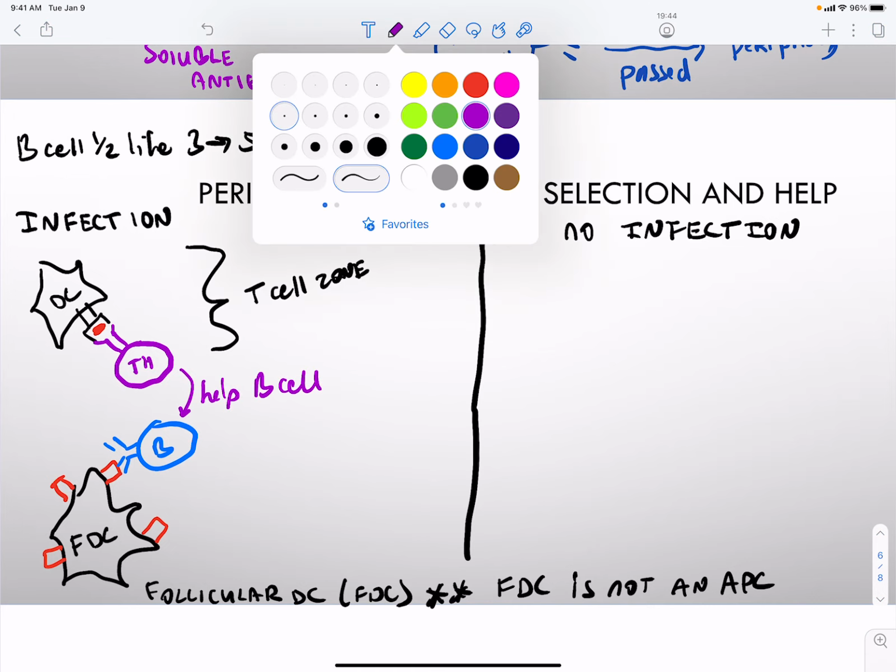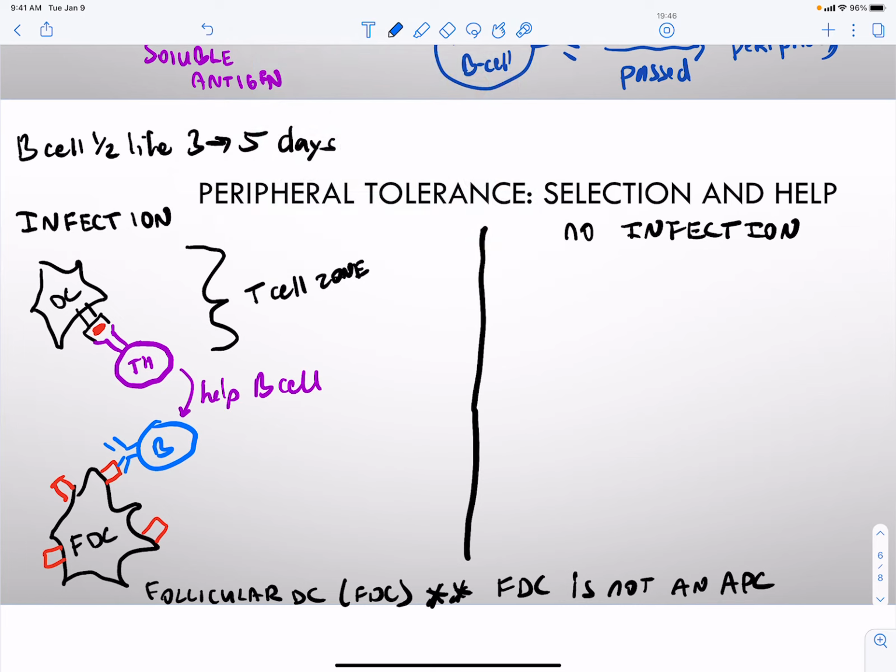And because the B cell is seeing antigen, it's seeing inflammation, and it's getting help, this B cell is going to divide and is going to form memory eventually. It'll produce antibodies and do all that stuff that B cells naturally do.